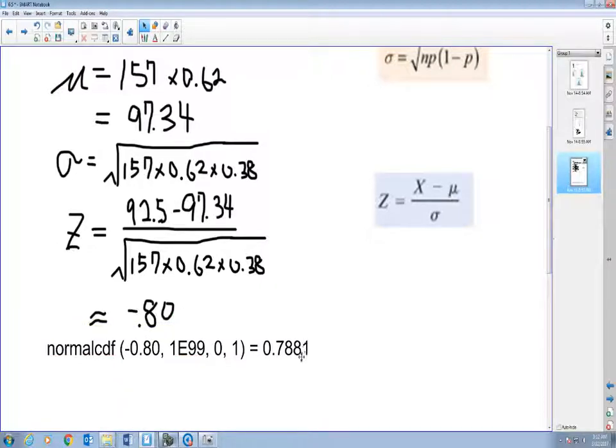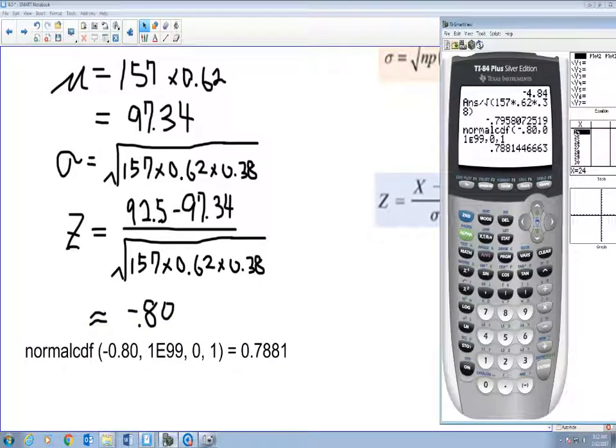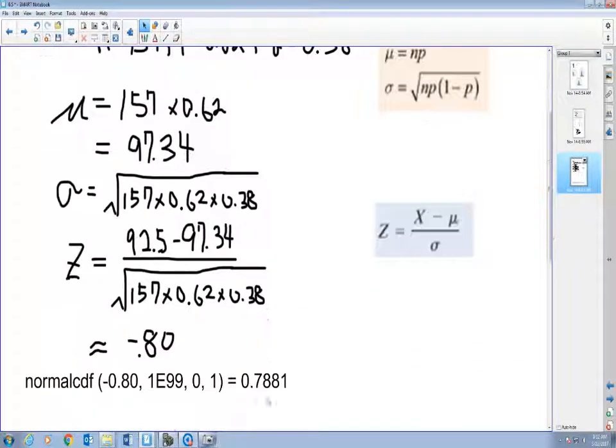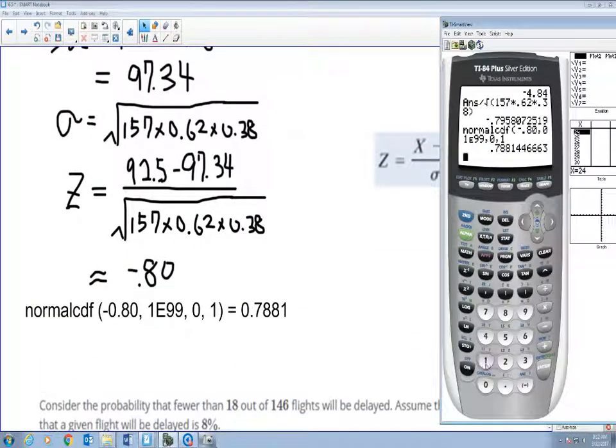All right. If I use the actual binomial CDF to the right of 92, that will be 1 minus second distribute binomial CDF, because I'm counting from 0 flights on time all the way up to 92, because I want more than 92.